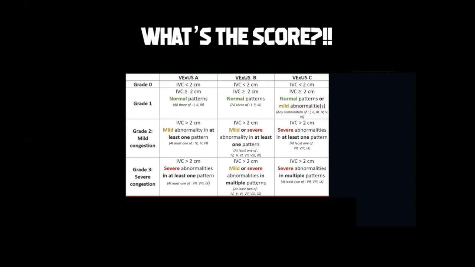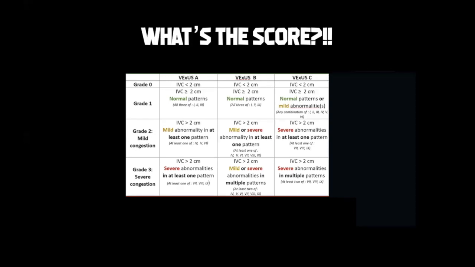Your VExUS grading goes up to grade 2 once you have one severe abnormality in either your portal or renal venous flow. And VExUS grade 3 is when you've got the full house of severe abnormalities: dilated IVC, hepatic venous flow reversal, severe portal venous pulsatility, and monophasic renal venous flow.